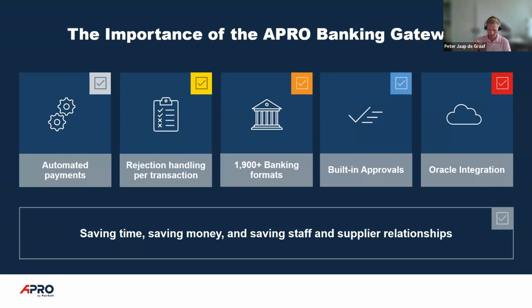And of course, we have a seamless Oracle integration with APIs to make sure that everything is moved in the correct way. If you void a transaction, it's directly visible within the APRO system, so you can void just one transaction out of a full payment batch to make sure that the rest of the payment batch can still be processed. Eventually it saves you a lot of time, a lot of money, and your staff is happy because you have a seamless payment process.